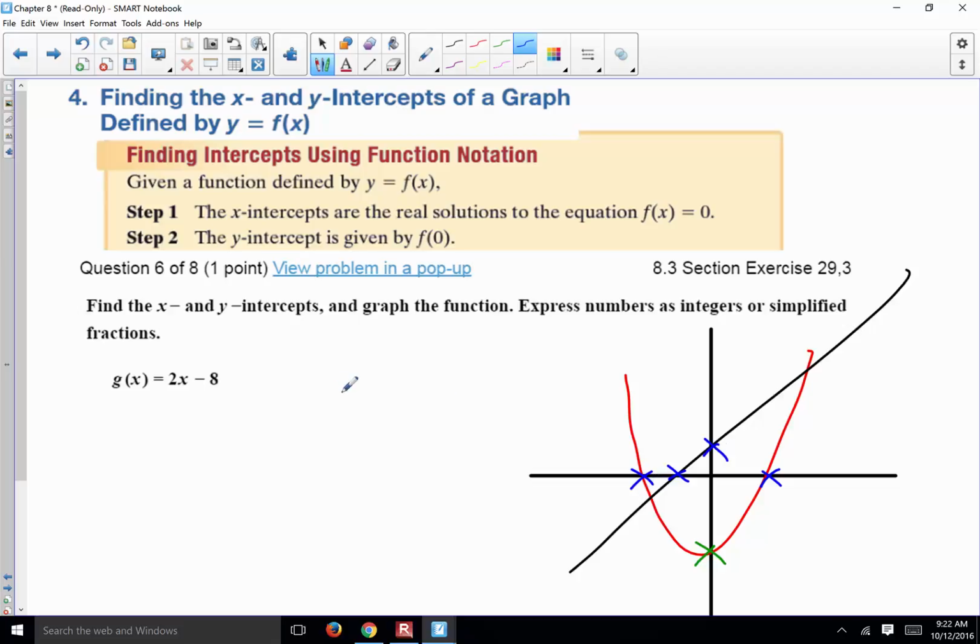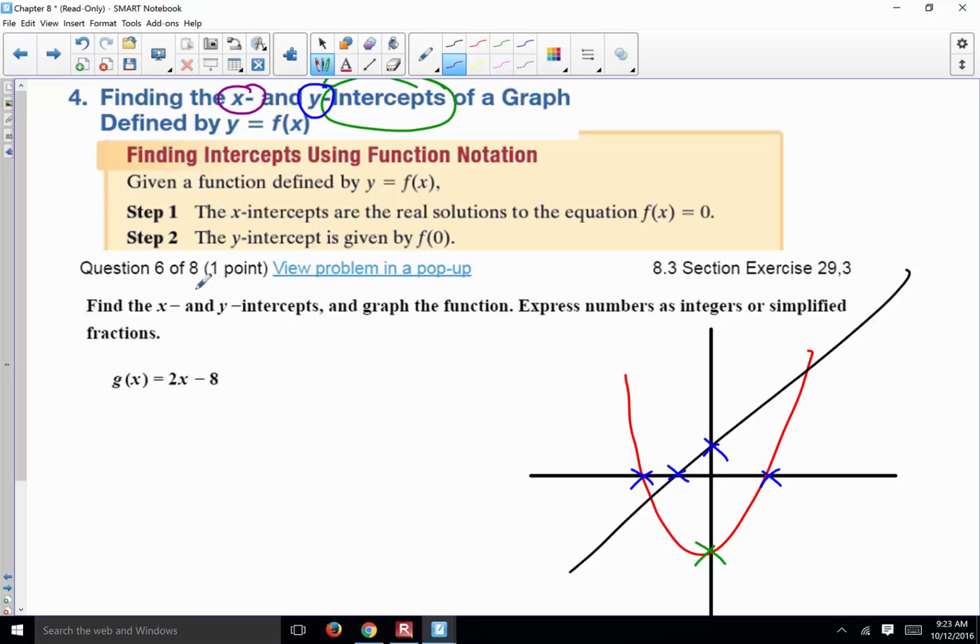Or other wild functions, cubic functions for example, can go roller coaster and can touch the x-axis several times, 3 times, 5 times, 10 times. Those touching points go with a special name. We call them intercepts. If your graph is touching the y-axis, we call it y-intercept. If your graph is touching the x-axis, we call it x-intercept.